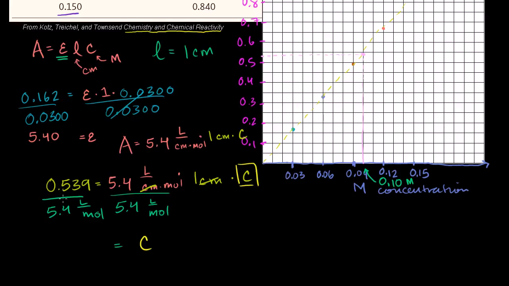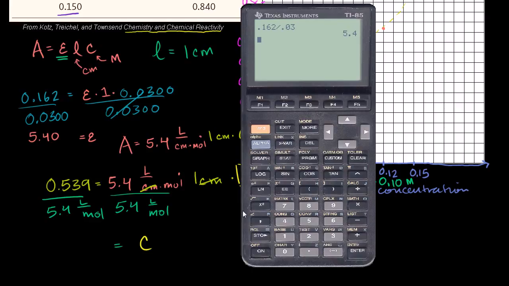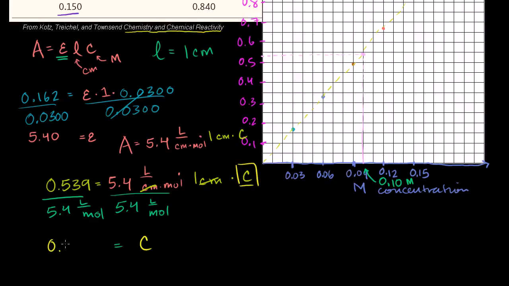So our concentration is equal to, let's figure out what this number is. 0.539 divided by 5.4, and this was actually 5.40, so we have 3 significant digits, gives us 0.0998.